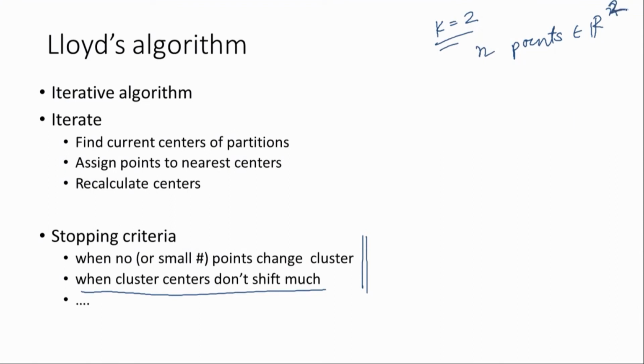But how many clusters are there? There can be infinitely many clusters. I'm hearing an answer n. Why n? No, there are only 2 clusters.